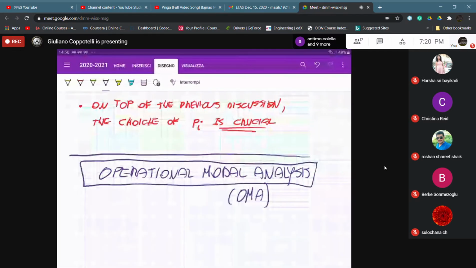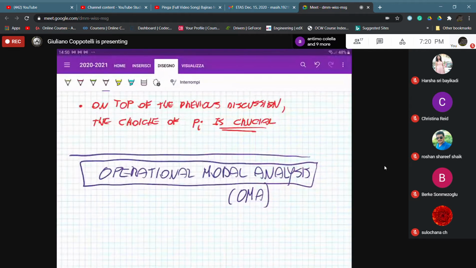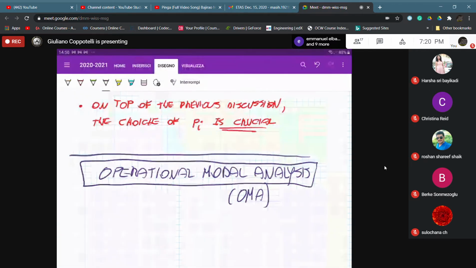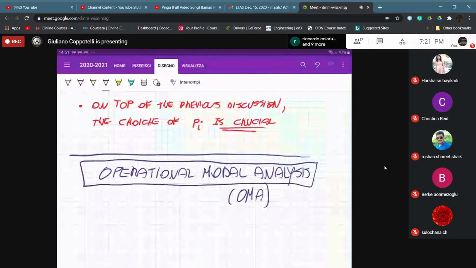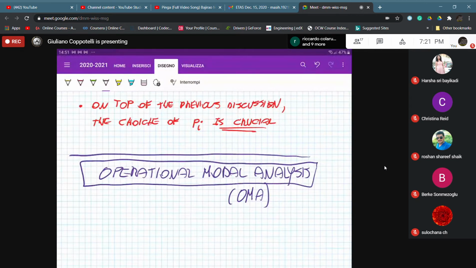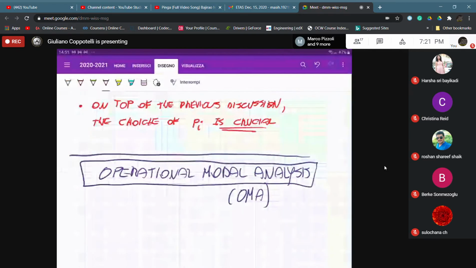If you remember, when you consider whatever estimating technique for the modal parameters, single degree of freedom, multi degree of freedom, time domain, frequency domain based approaches, all of these methods are referring, as starting point, mainly to the frequency response function. That is, we have to carry out a test in which we measure both the input, that is your dynamic loading, and your output, that is your acceleration response in some points.